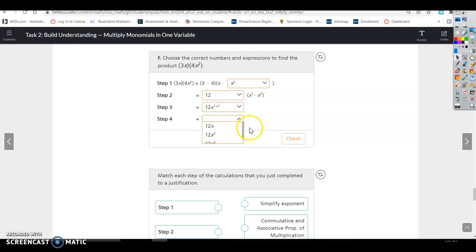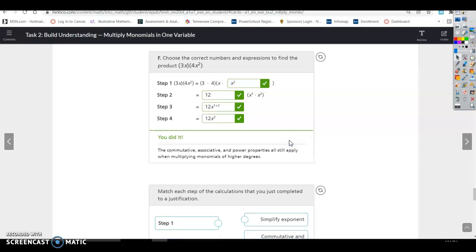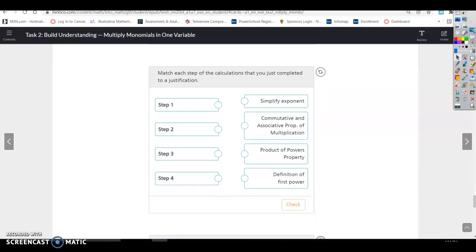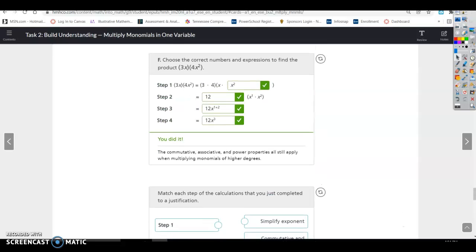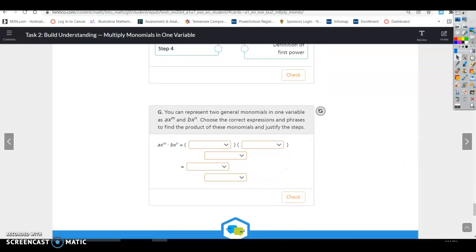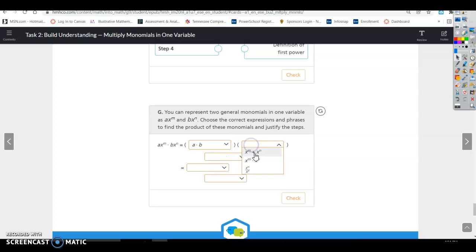And then 12x to the third power. All right, match each step of the calculation to complete the justification. All right, so those are the same justifications as before. And the last example here, let's see if I can get through it real quick. A times B, multiply here.